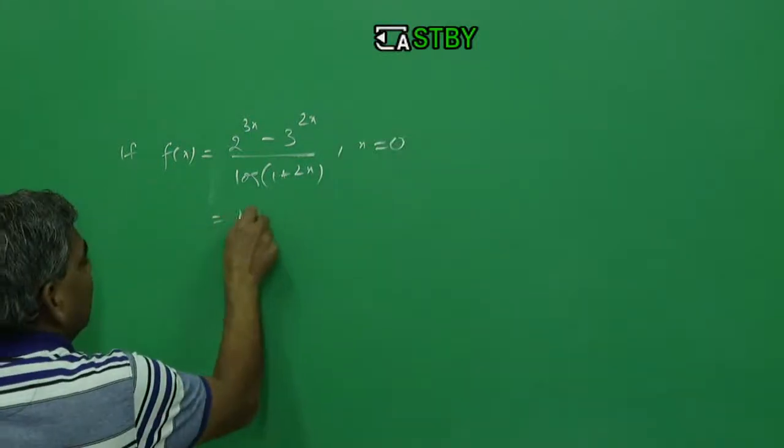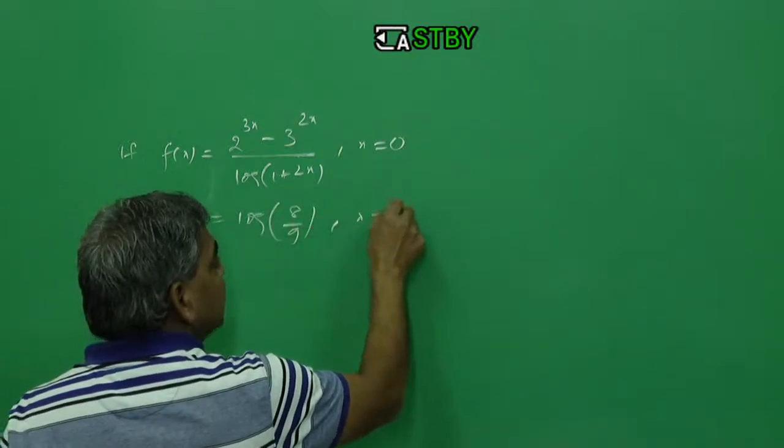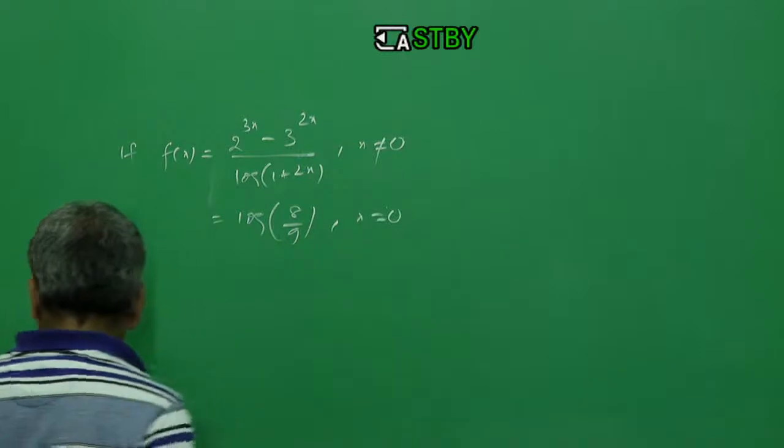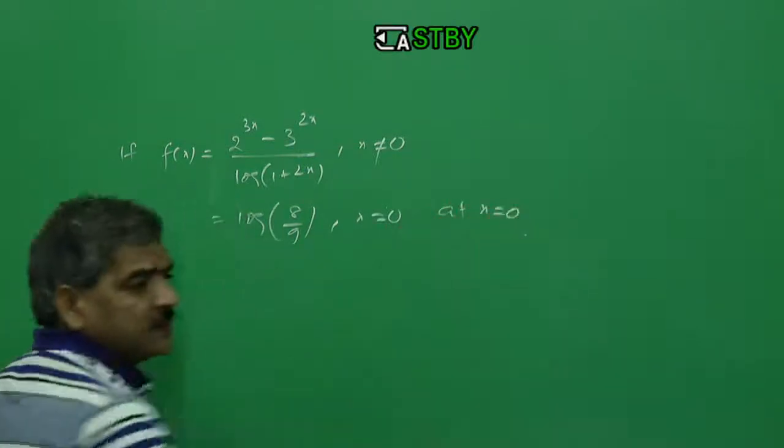This is equal to log of 8 upon 9 when x is equal to 0. Discuss the continuity of the function at x is equal to 0.